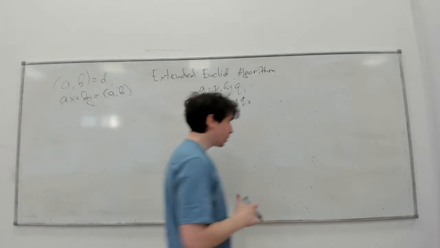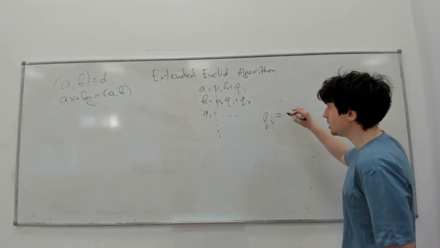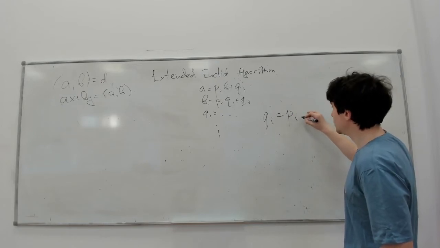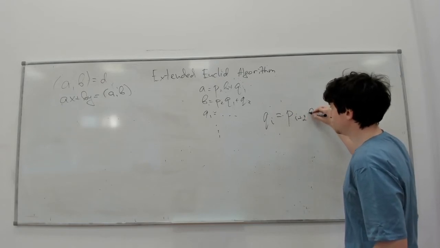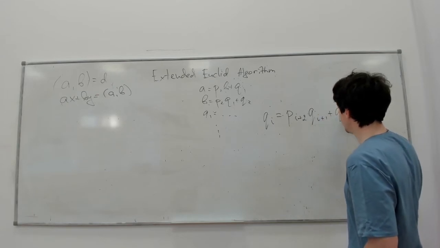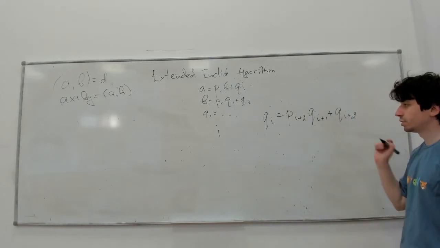So consider something in the middle here, where Qi equals Pi plus 2 times Qi plus 1 plus Qi plus 2. So this looks like that.